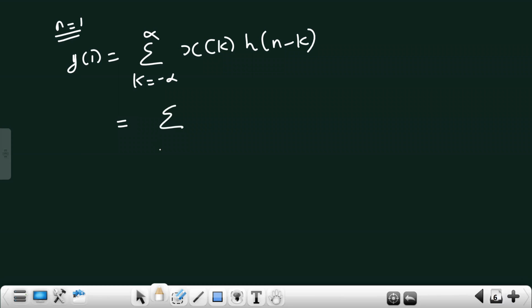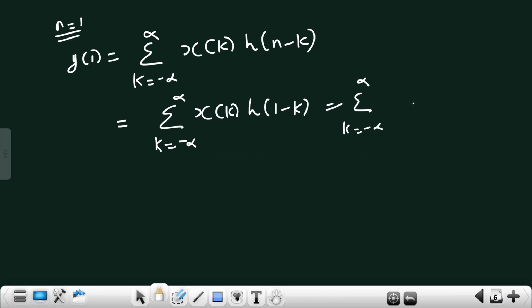After substituting n equal to 1, it will be x of k into h of 1 minus k, that is sigma k equal to minus infinity to infinity x of k into h of minus k plus 1. 1 minus k can be written as minus k plus 1.